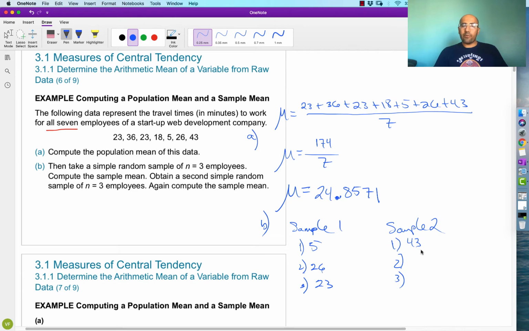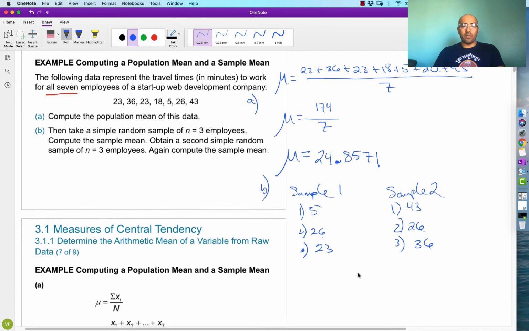Notice that we wouldn't be able to pick the same person again, that wouldn't make sense. So once the 43 has been chosen, that person is removed, and now there are 6 more values to choose from. Maybe the next one is 26, and the next one after that is 36.